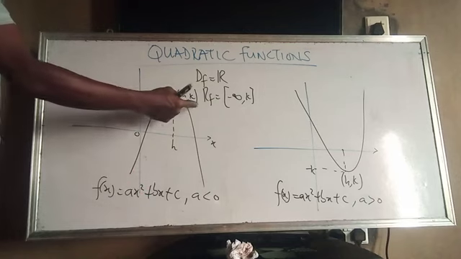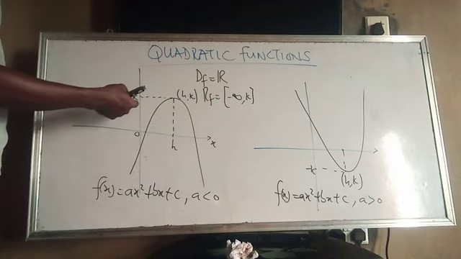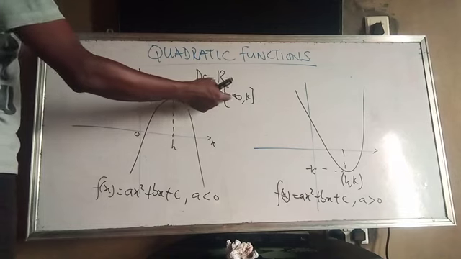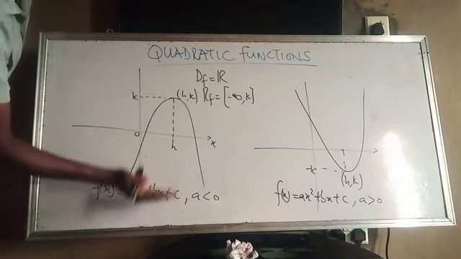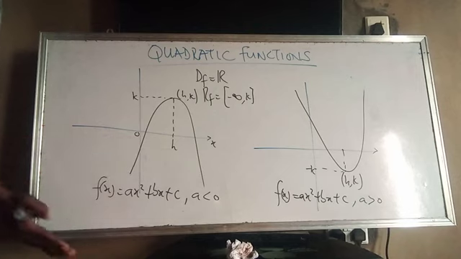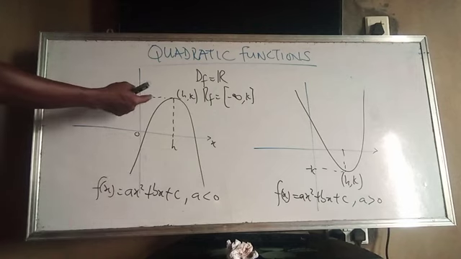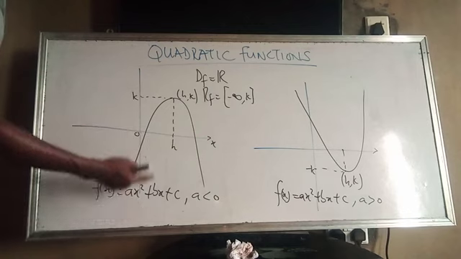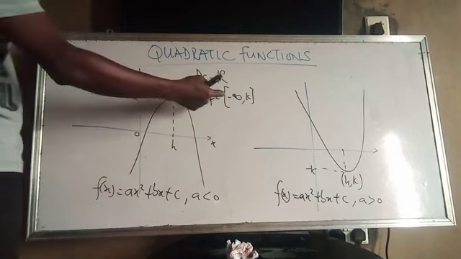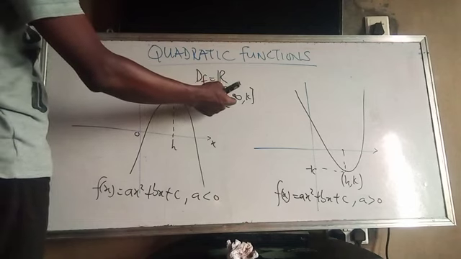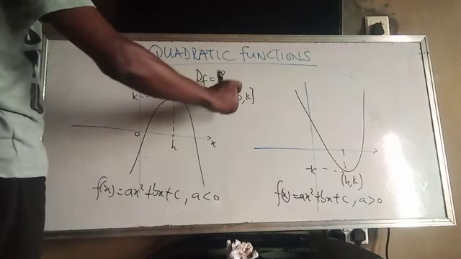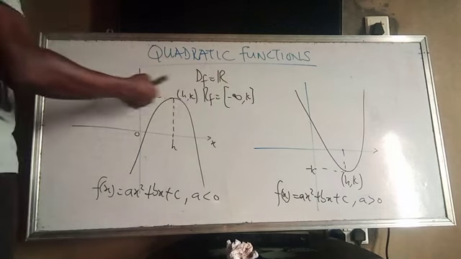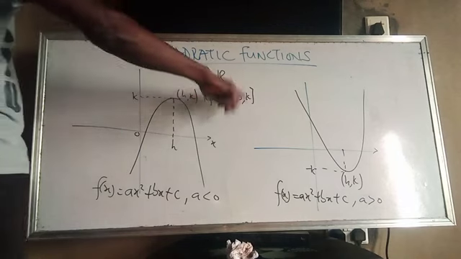That's why in the range, which is for y, we have minus infinity. Coming down here, we have several negative values of y. So that's why the range goes to negative infinity, and we close it at k, because k is the maximum point of y.